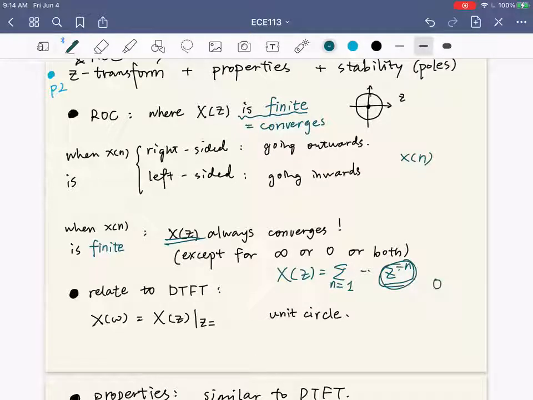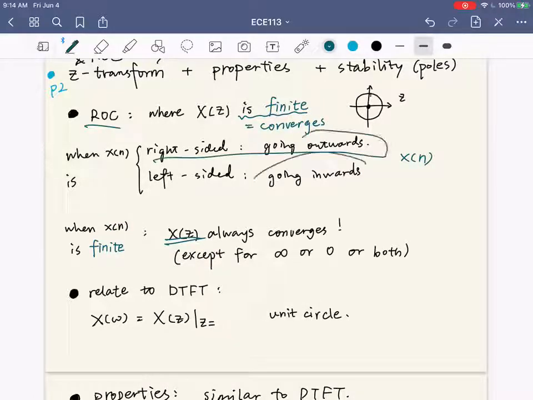And if the sequence is non-causal and we have negative indices, it will generate a pole at infinity. But most of the time, for the general z domain, X(z) converges. I want to remind you about this because whether your x[n] is finite or infinite will affect your ROC.